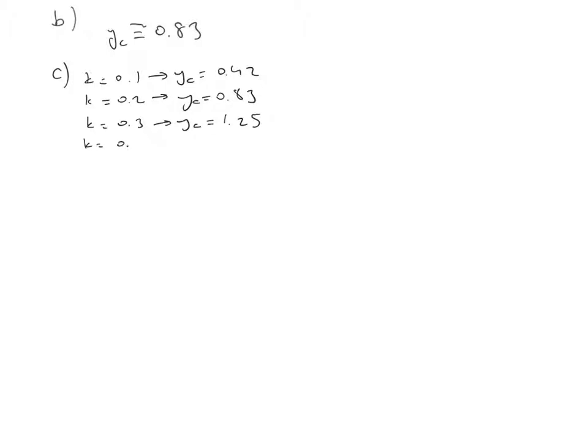For k is equal to 0.4, y critical is equal to 1.67, and for k is equal to 0.5, y critical is roughly equal to 2.08. And as you see, there is a linear relationship between the k values and the corresponding y critical values.